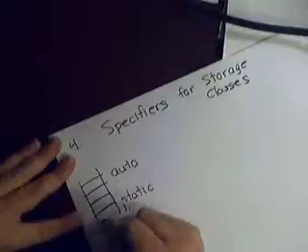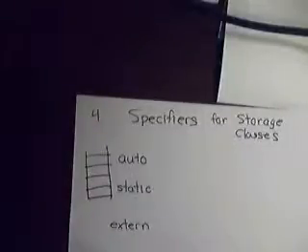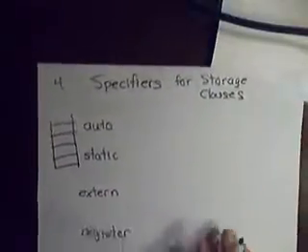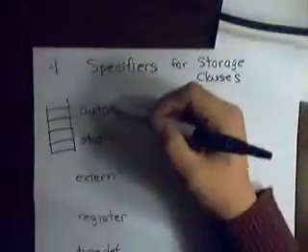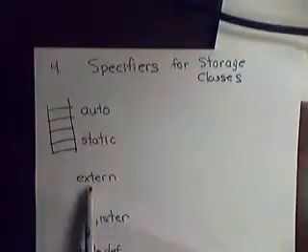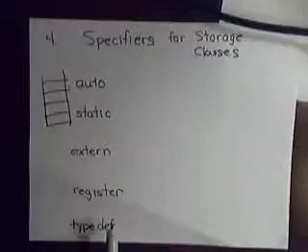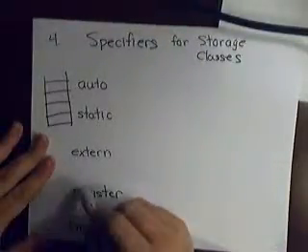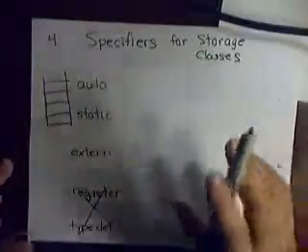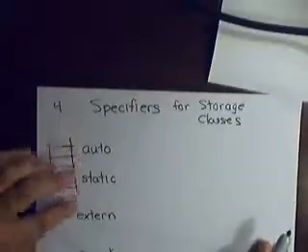Where do they go? Through the course, we're going to see where these are useful. Right now, it's important to say that we have auto, static, extern, something called register, and something called typedef. Let's not worry about register and typedef for now. They are more advanced topics that we'll discuss later in the class. So let's focus just on auto, static, and extern.